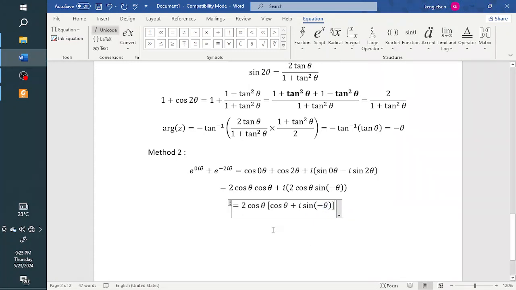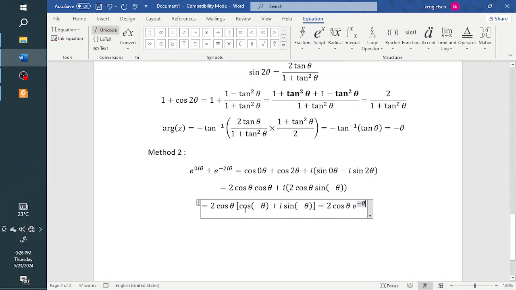Now look at this. This cos theta was actually the same as cos of negative theta; I was the one who removed the negative sign. So this is the same as 2 cos theta times e raised to the power negative i theta.